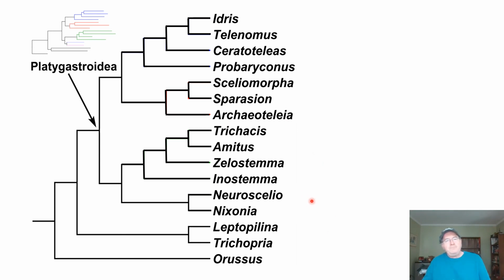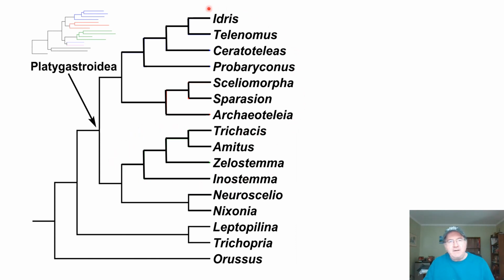So to walk you through this clade from this node, Trichosis, Amitus, Zelostemma, and Inostemma, those are all classical platygastrids. And so my preference would be to recognize those as a family. Remember that the constraint here is all the families I recognize, I want them to be strictly monophyletic. So we want to recognize that as a family.